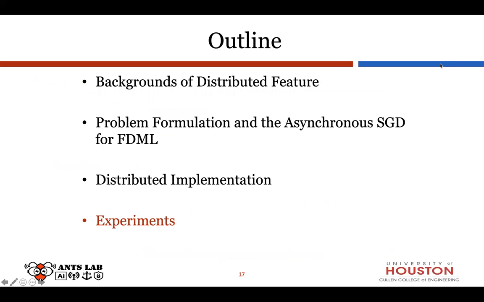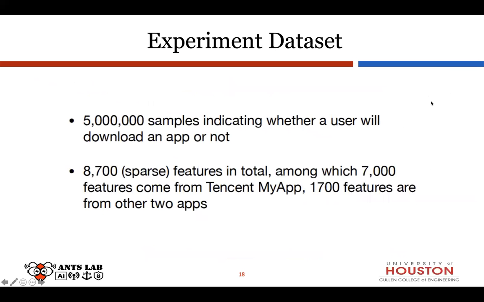Next, let me show you the experiment results of their paper. Since they collaborate with Tencent, they use a dataset from Tencent. It contains 5 million samples indicating whether a user will download an app or not.